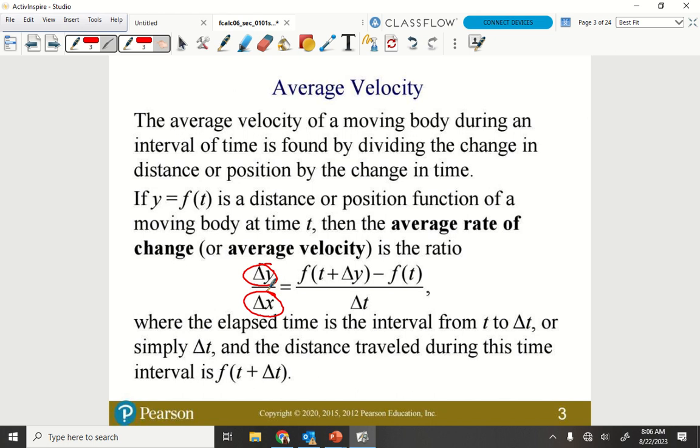That's the change in time, where the elapsed time is the interval from t to t plus delta t, or simply delta t, and the distance traveled during this time is the interval of f of t plus delta t.